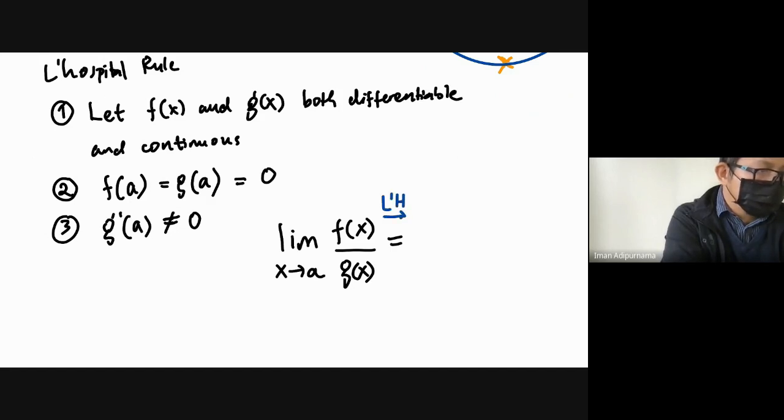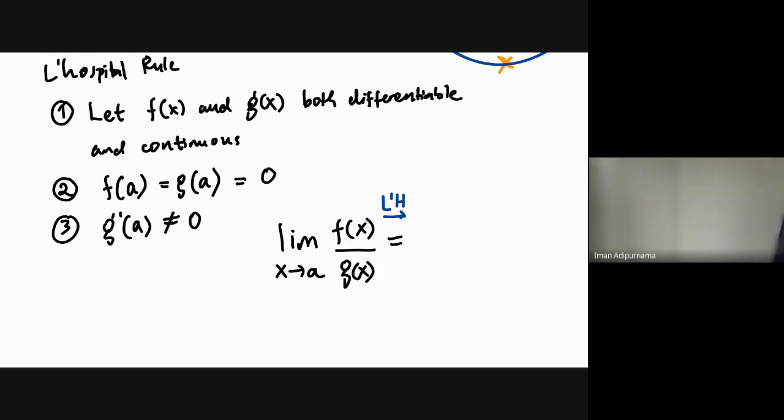You can say that first you need to make sure that if you plug a into f, and if you plug a into g, this should be 0 and this should be 0. Okay, 0 over 0 here. And then by doing this L'Hopital, we are actually doing the one that we observed before.